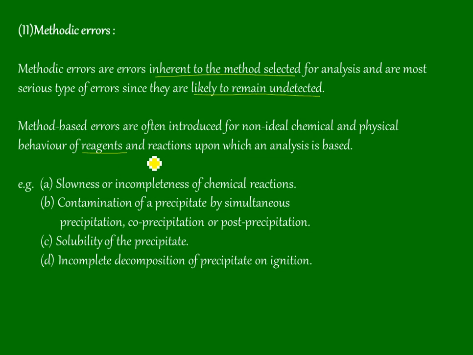So if a reagent is showing some non-ideal behavior, and the actual measurement or results are based upon the reaction of that chemical reagent with the analyte, that can lead to error, because that chemical itself is showing some non-ideal chemical or physical behavior, and that's why there can be a systematic error, that is a methodic error.